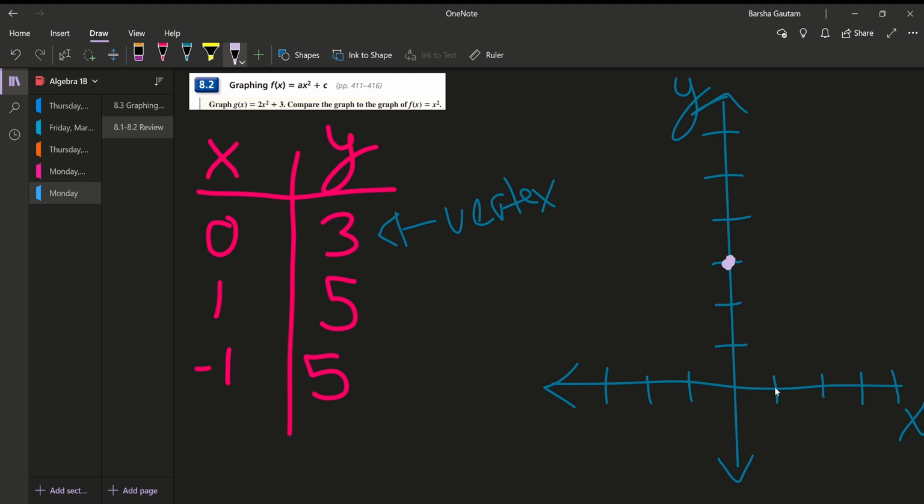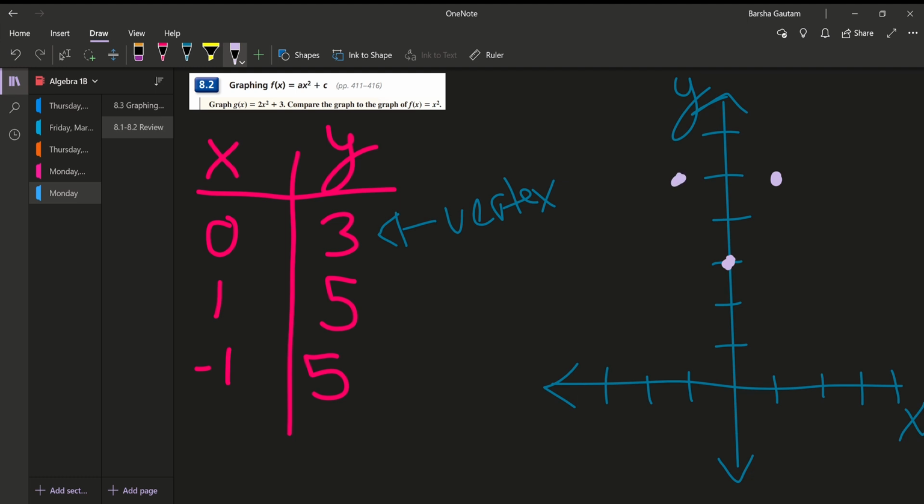So we're moving 1 to the right and up 5. 1, 2, 3, 4, 5. So that would be right over here. And we have (-1, 5). So it's just going to reflect across this axis of symmetry right over here. So since this is 1 to the right, we're going to make 1 to the left.